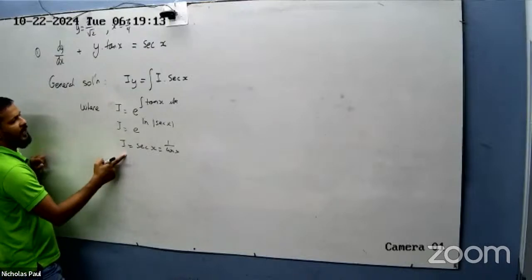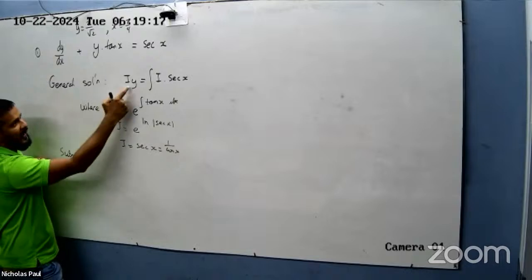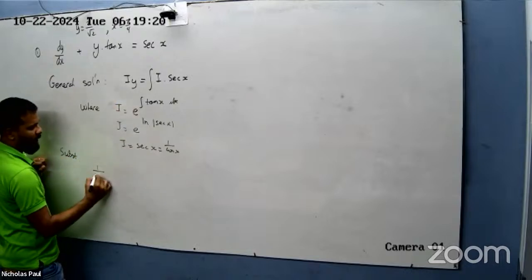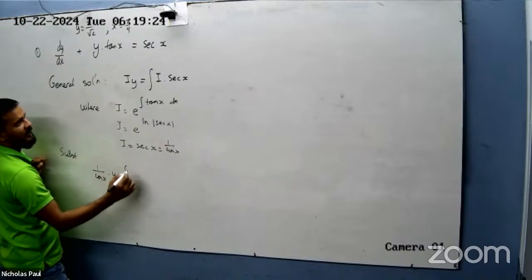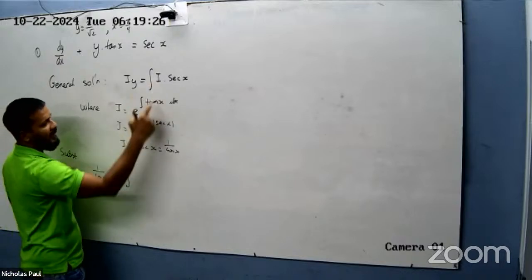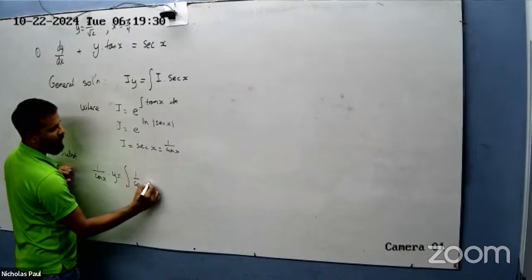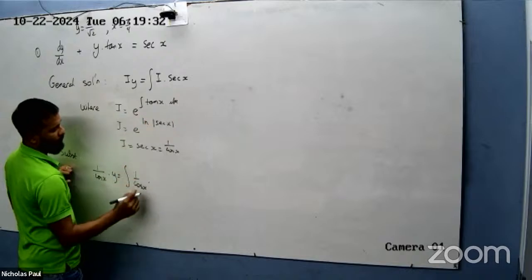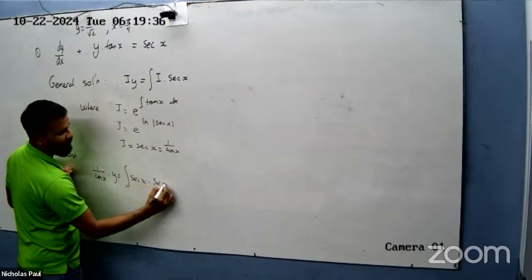When you reach here now, you're going to substitute, and you will get Iy, which is 1 on cos x times y, is equal to the integral of I, which is 1 on cos x, times sec x.